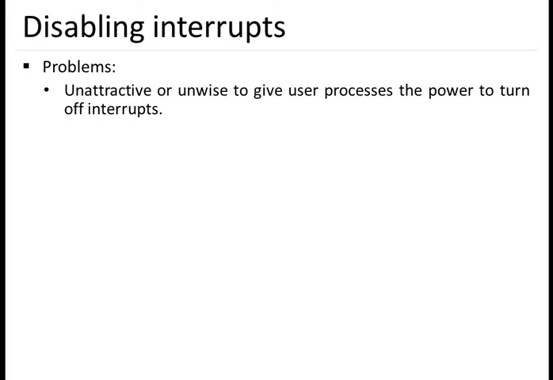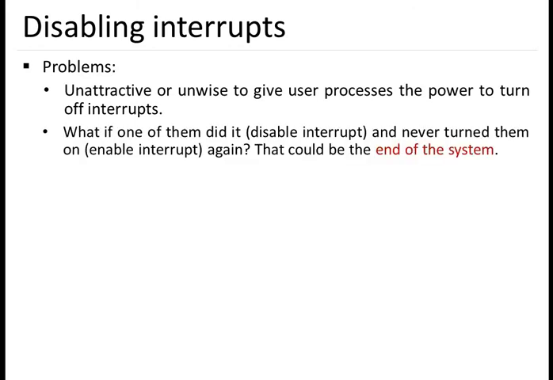So sometimes it may cause your system to crash. Okay, so it is not an effective way. If one of them disables interrupt and never enables interrupt again, then it could be the end of the system, and the same vice versa.